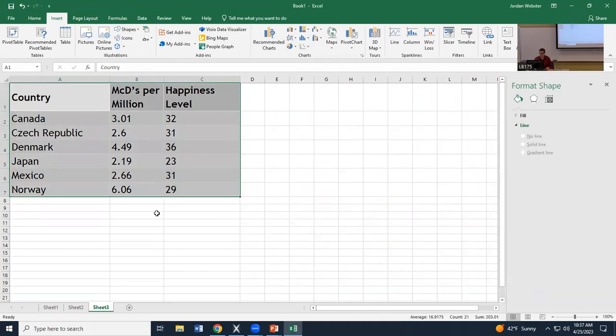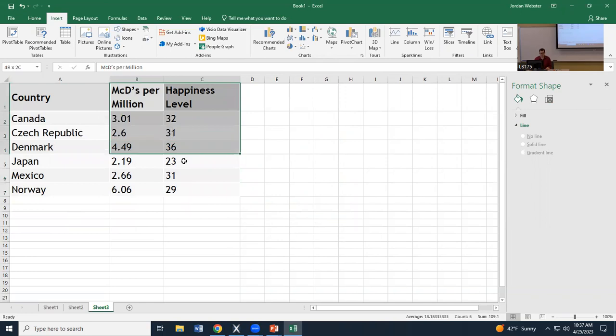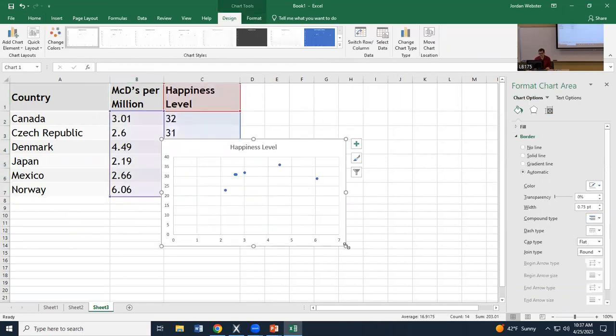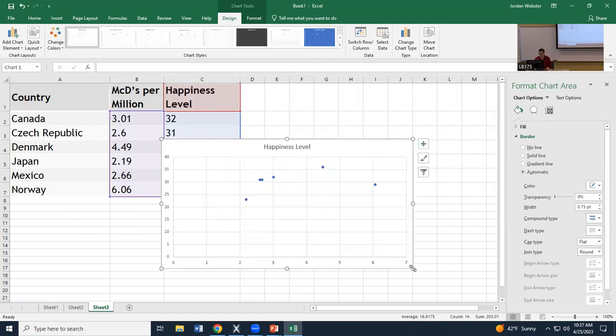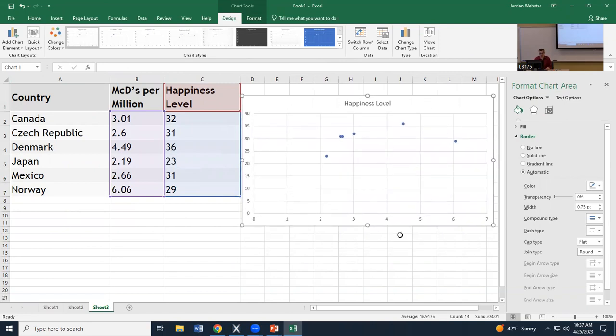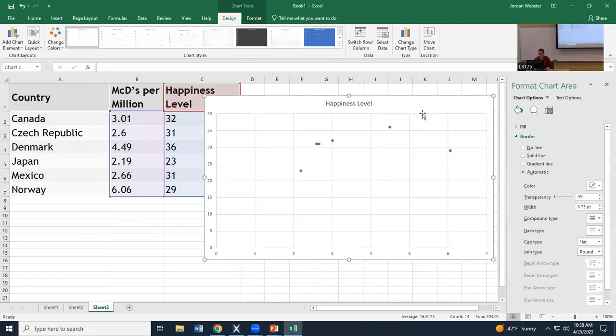I don't want to do it that way. Since I have this extra line of which country it came from, I don't want to deal with that. Let's just create a scatter plot for those two columns. So just highlight those two columns. There we go. Create a scatter plot of here. And because the McDonald's per million came first, that becomes my X, and happiness level becomes my Y. Everybody get that?